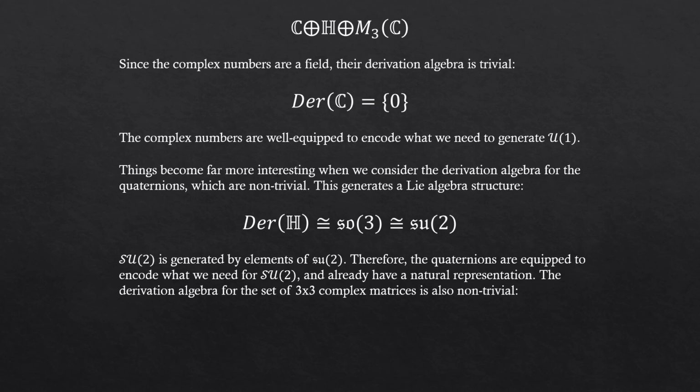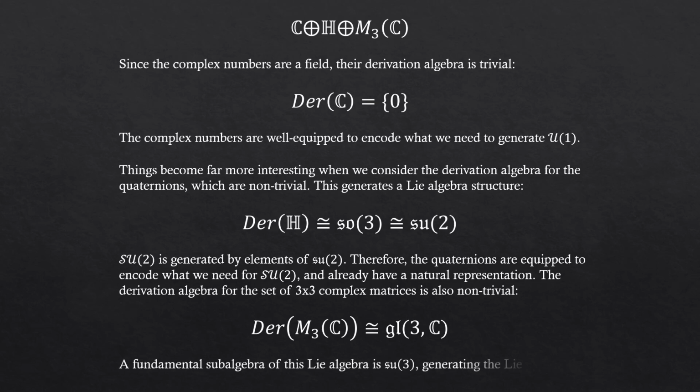The derivation algebra for the set of 3x3 complex matrices is, of course, also non-trivial. So their derivation algebra is isomorphic to the general linear algebra gl3C. We use lowercase for algebras here, and uppercase for groups, just to keep that in mind.